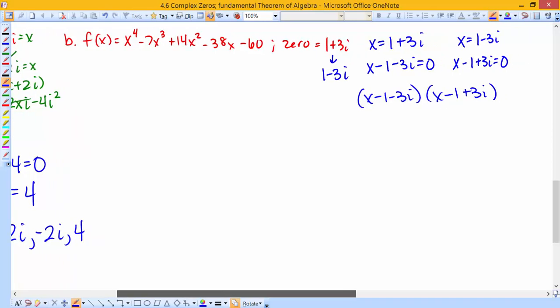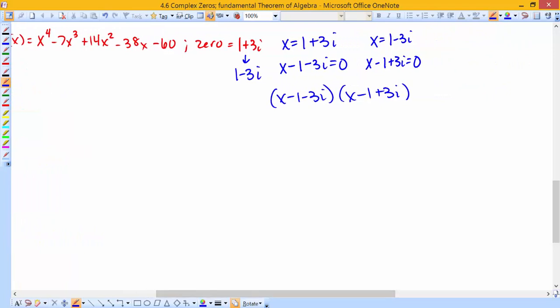Now I'm not going to write it out like I did in the last example. I'm going to do some mental math here. When I distribute the x, I get x squared minus x plus 3xi. Now I'm going to distribute the negative 1. I get negative x plus 1 minus 3i. Now I'm going to distribute negative 3i. And I'm distributing it to this parentheses, you guys, if you're kind of lost.